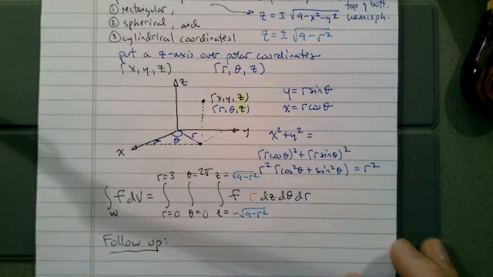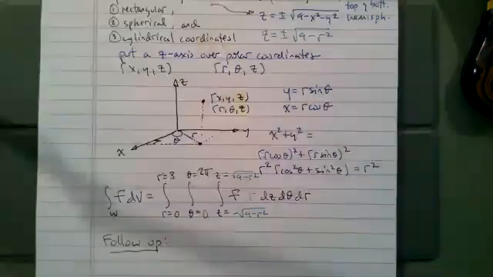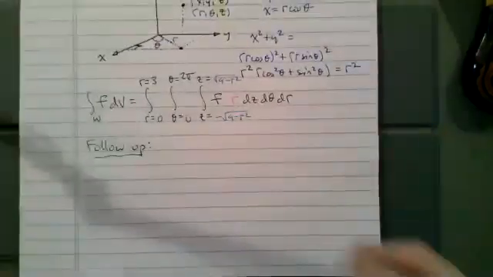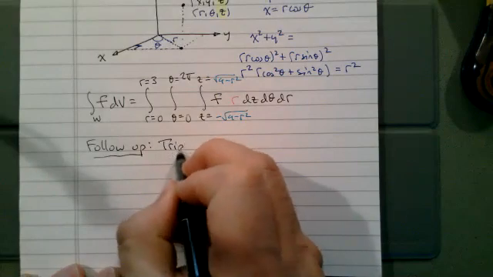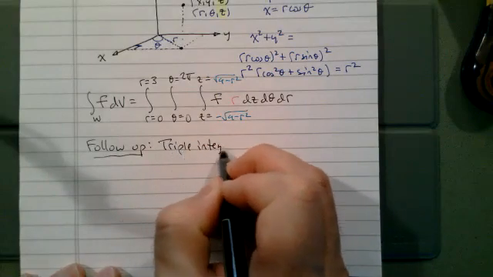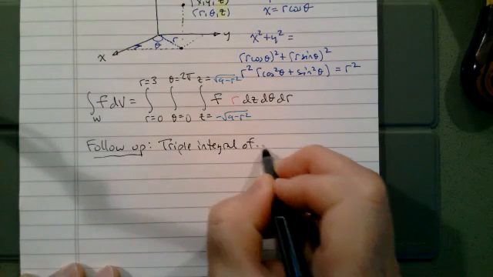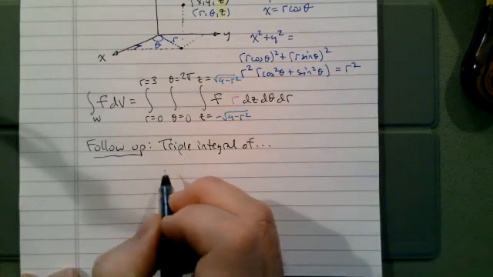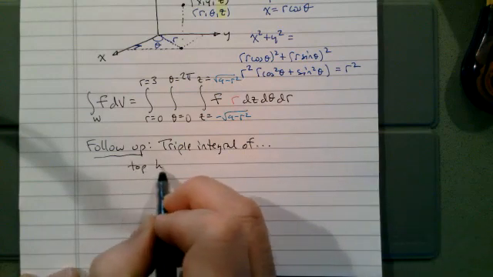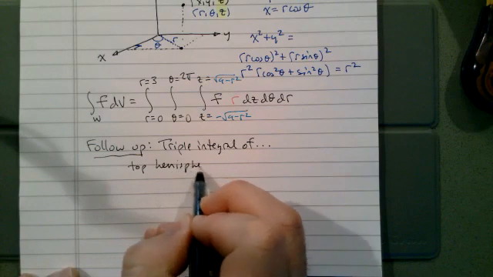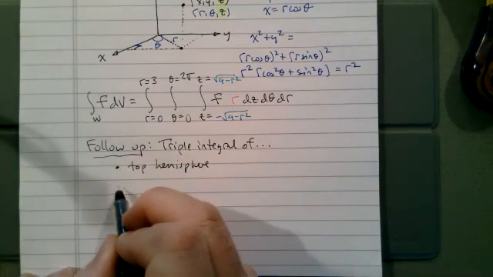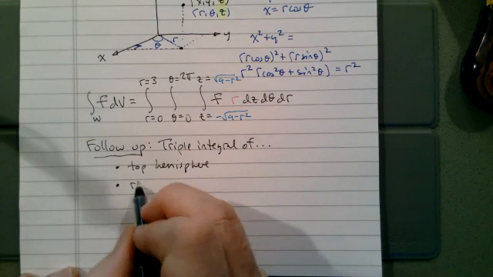What would the triple integral look like for just the top hemisphere? What about the right hemisphere?